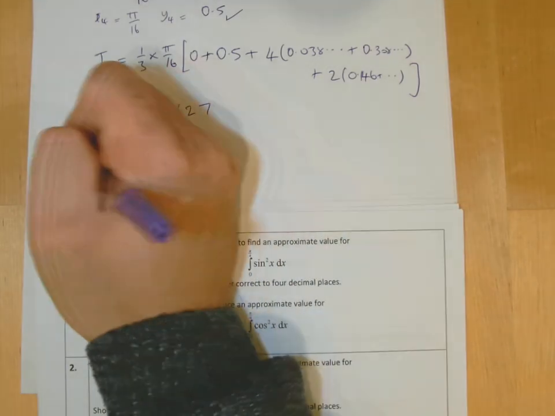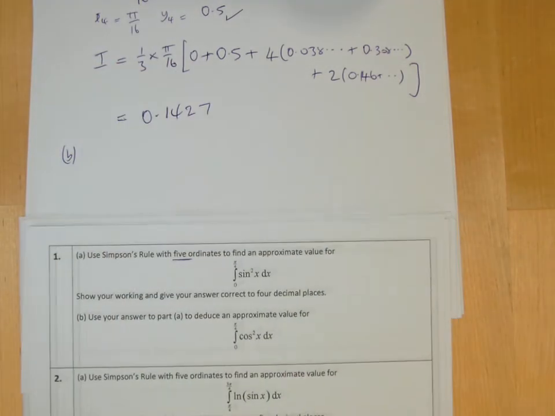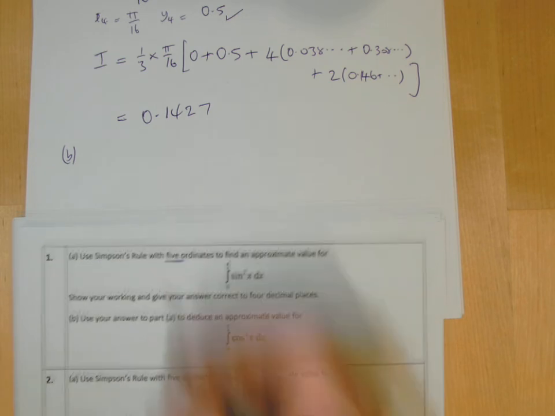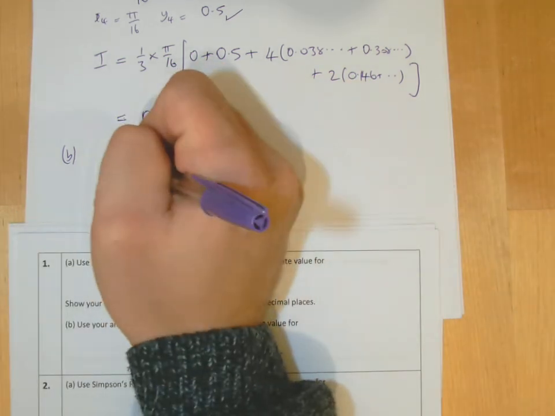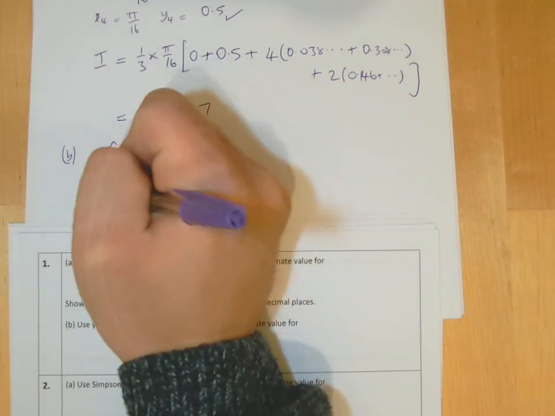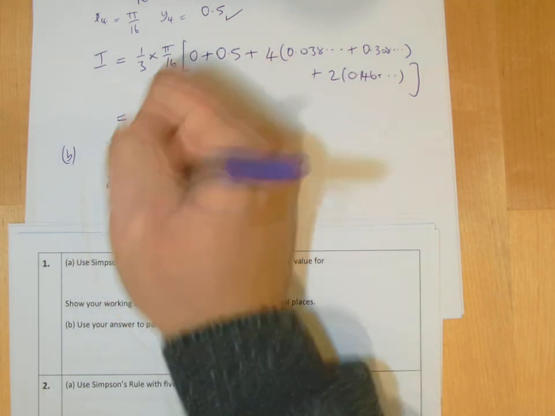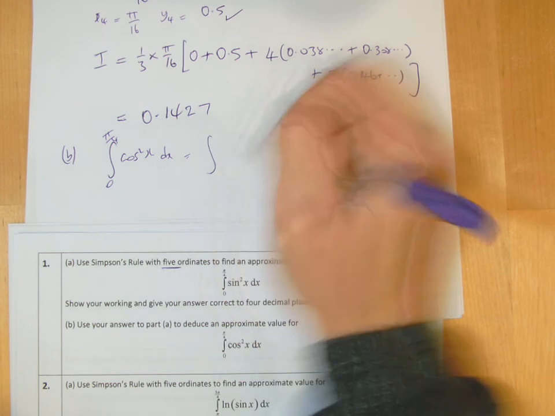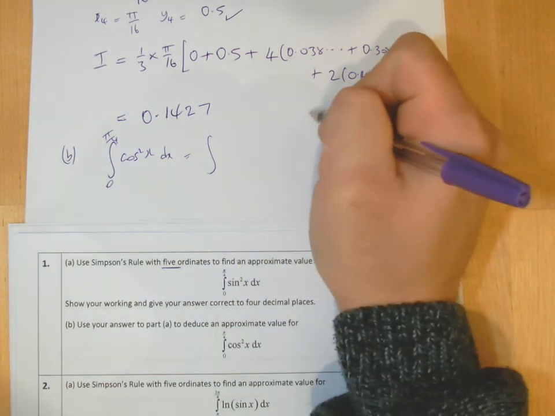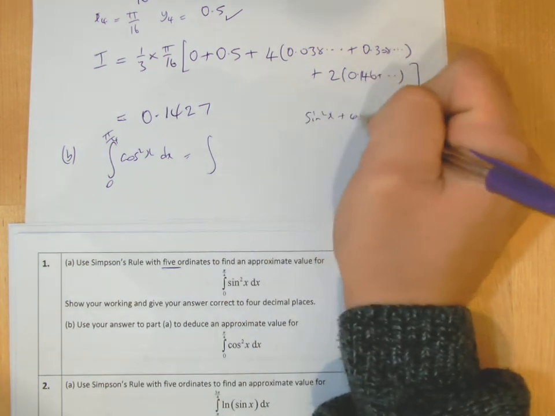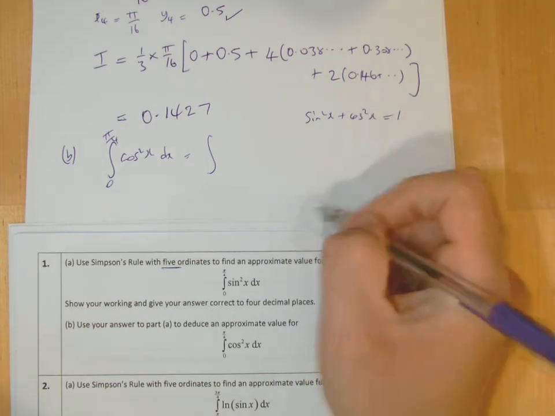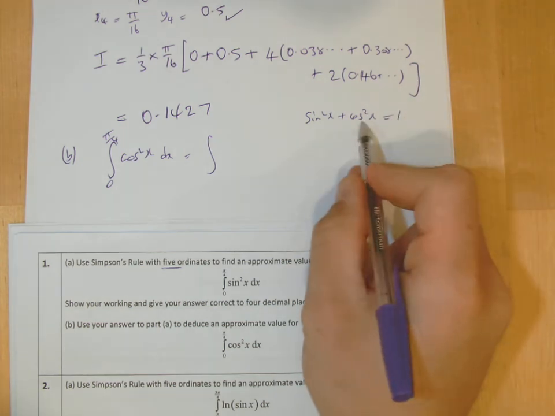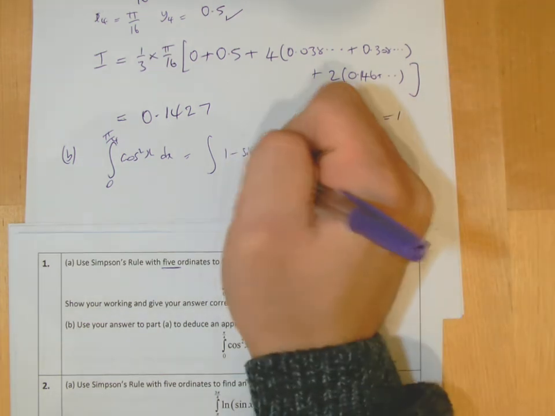Now, part B says use your answer to part A to work out this. What you've got to remember is how cos squared relates to sine squared. Because we know sine squared x plus cos squared x equals 1, then cos squared x will equal 1 minus sine squared x.